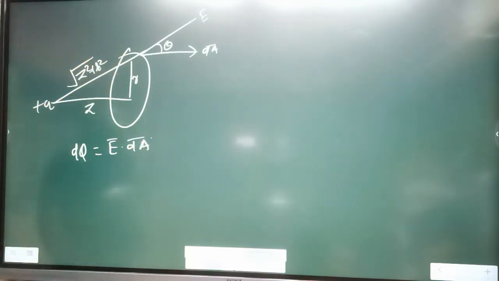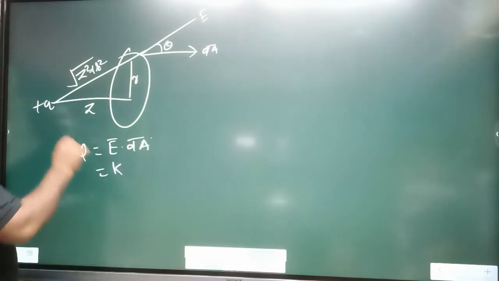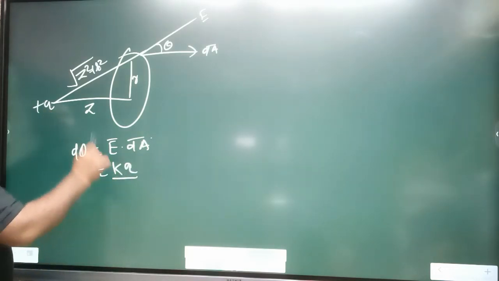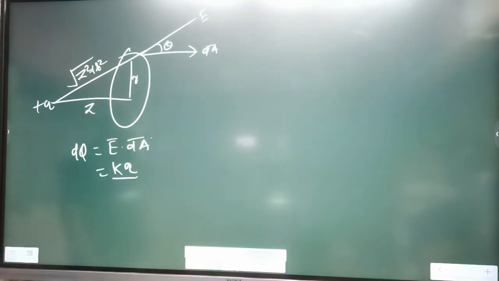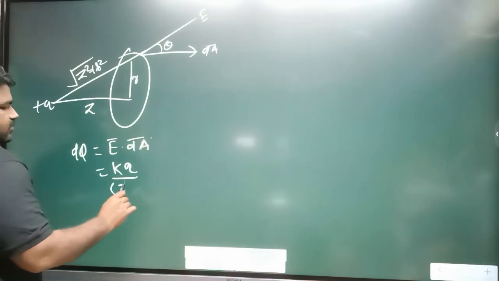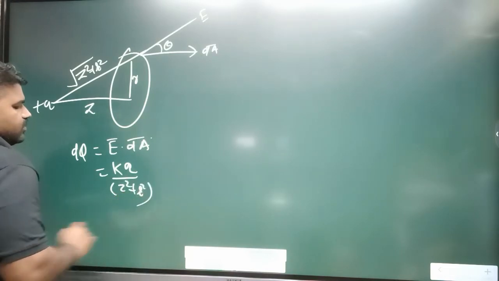Electric field is K, charge Q, upon distance square. What is the distance? Z square plus R square.